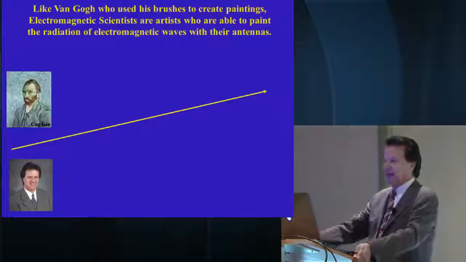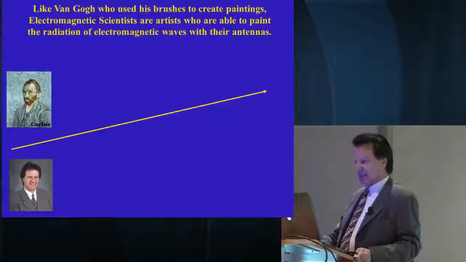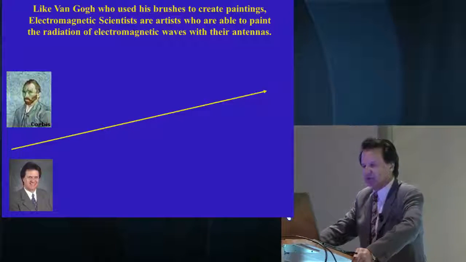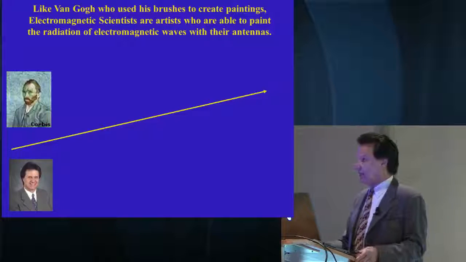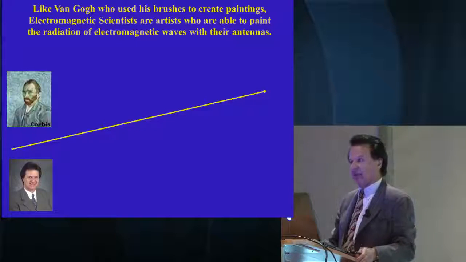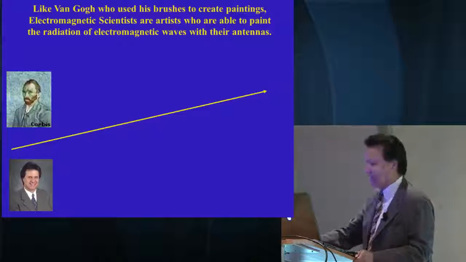I said, like Van Gogh, who used his brushes to create paintings, electromagnetic scientists are artists who are able to paint the radiation of electromagnetic waves with their antennas. So I gave them an analogy. Antenna is like a brush. We paint electromagnetic waves. Other people, like Van Gogh, who cut his ear, I haven't done that yet.